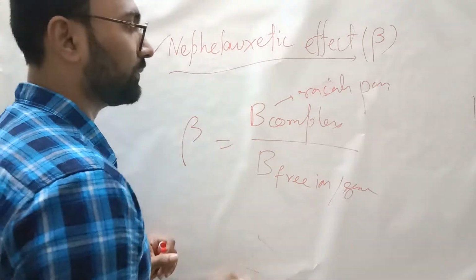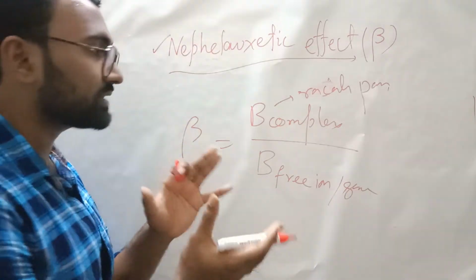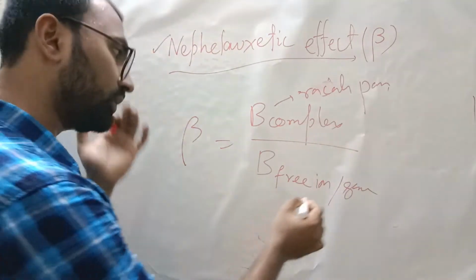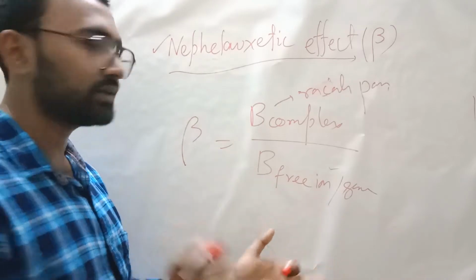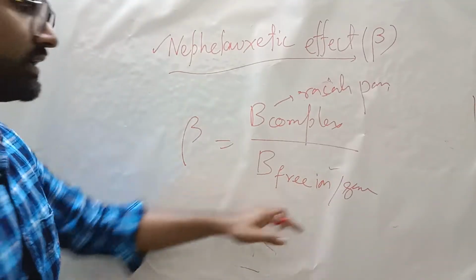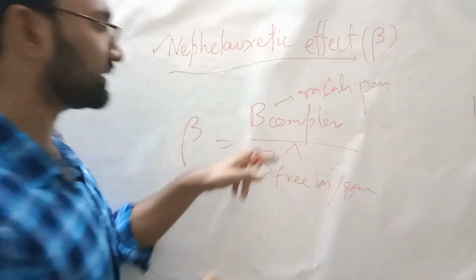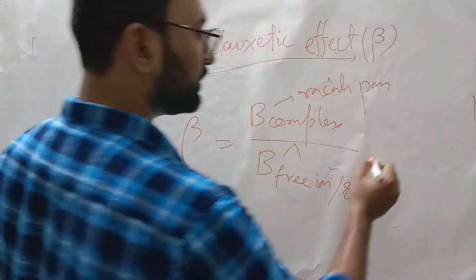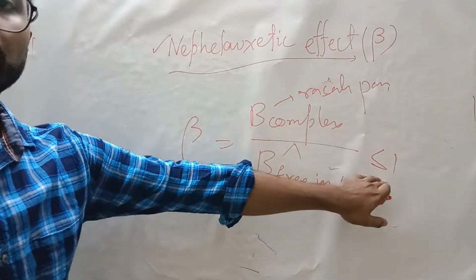The repulsion between the terms is more in the free ion, so B free will always be greater than B complex. So beta will always be less than or equal to 1.